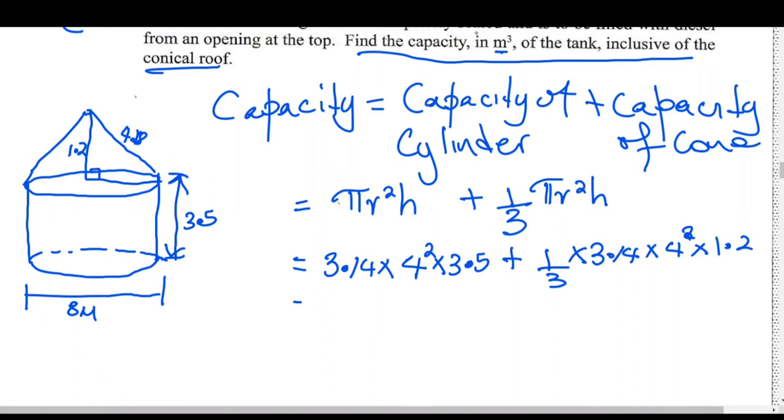Now the rest of it is make sure that we don't make any errors. So 3.14 times 4 times 4, that's 16, times 3.5. And this is 175.84 meter cube. For the cone, 3.14 times 4 times 4 times 1.2.